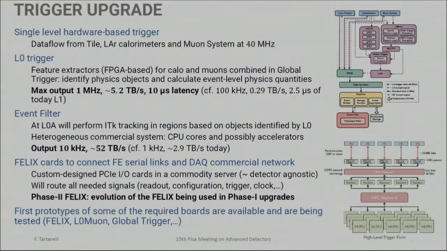Now, using this higher granularity information with better resolution, given the power of the FPGA, we could implement also more global analysis algorithms, and also use something like what you say, displaced vertices, but of course not at the tracking level, only if we can have something from the calorimeter trigger and the muon system. Tracking information is available only at the event filter level.